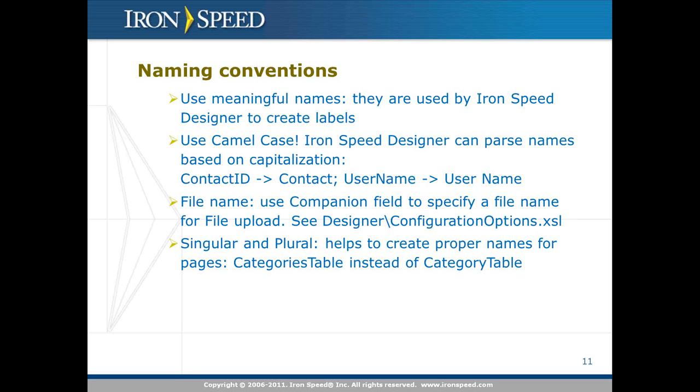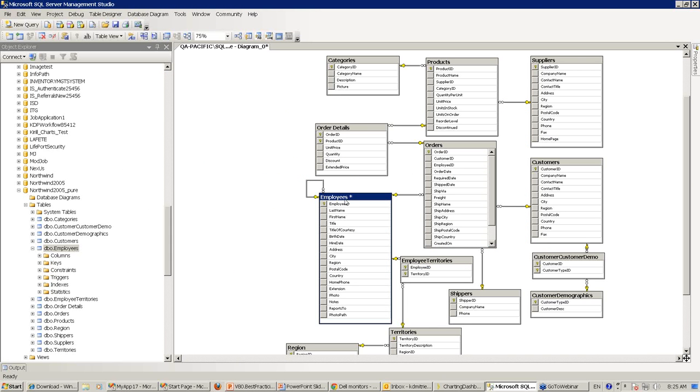Also, names of the tables are actually important because names of the tables are used to name pages. And you don't want to have pages named table 1, table 2, table 3. Plus, you need to pay attention to the names. For example, let's see again the same schema. You see, employees is plural, order details is plural, and categories is plural.